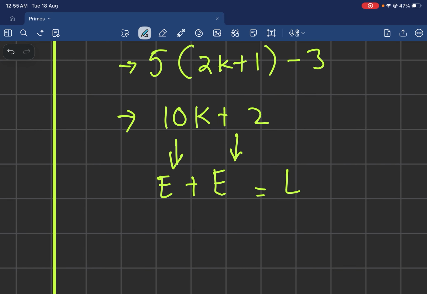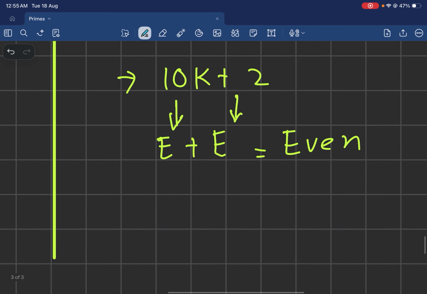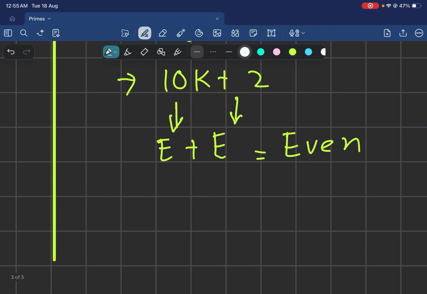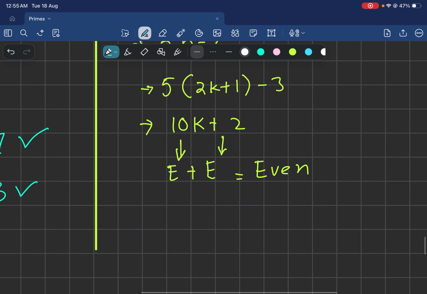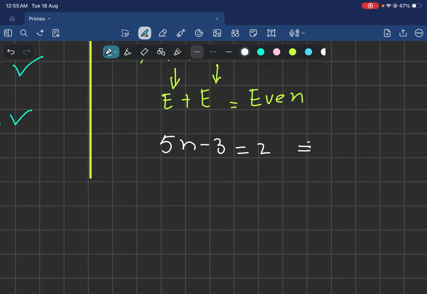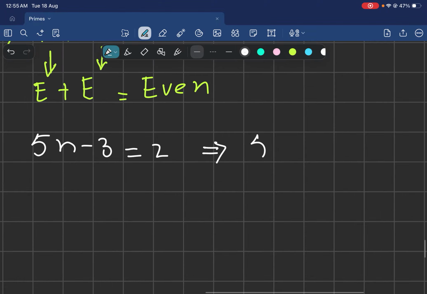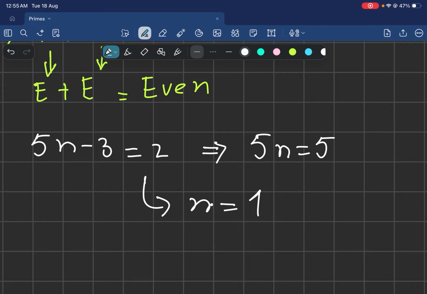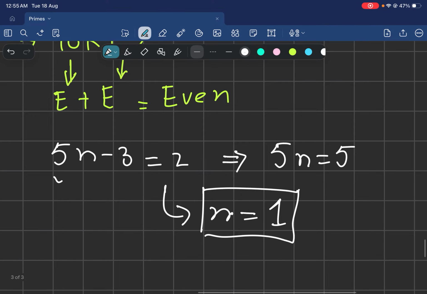Therefore even plus even is an even number, and we know that there is only one even prime number, and that is 2. Therefore 5n minus 3 is equal to 2, so 5n is equal to 5, and from here we get that n is equal to 1. So when n is equal to 1, 5n minus 3 is a prime number.